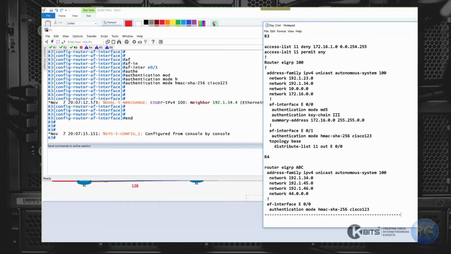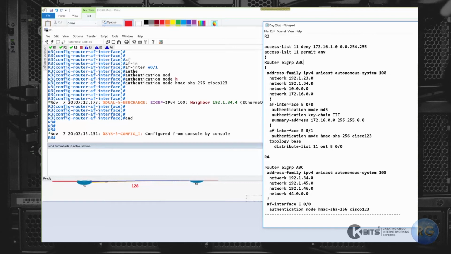Is router 3 config? Yeah, router 3 and router 4 config, I put it as name mode. I use 100. I think you can change it over here. Okay, MD5 versus SHA security.